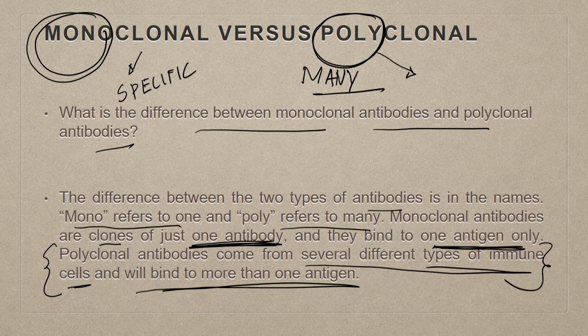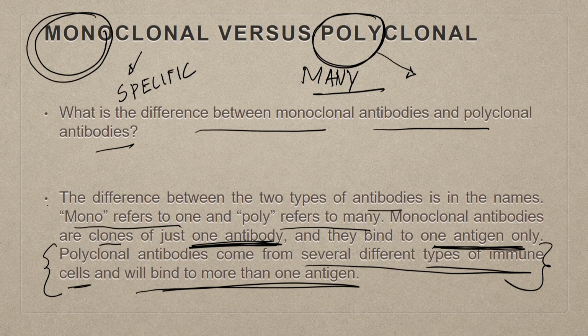So, whenever people do immunocytochemistry or immunohistochemistry assays, if they find a strong binding with one monoclonal antibody, that gives them more authentic confirmation that the reaction is working in the right sense. So, this is the first difference between monoclonal and polyclonal antibodies.